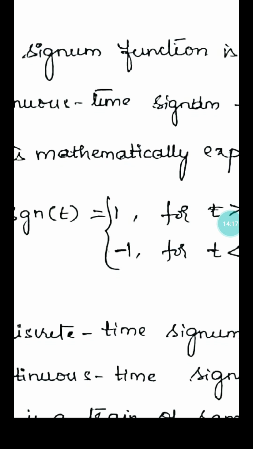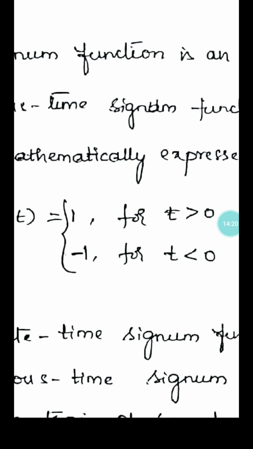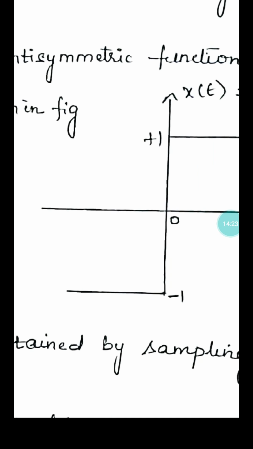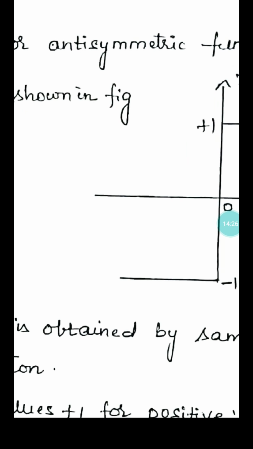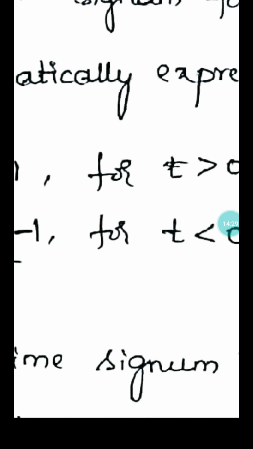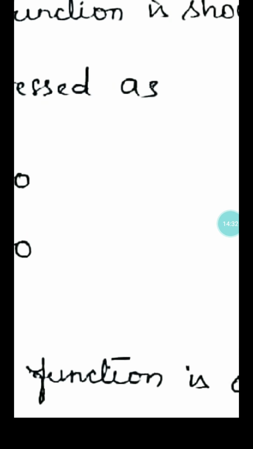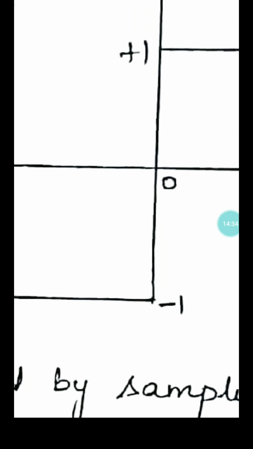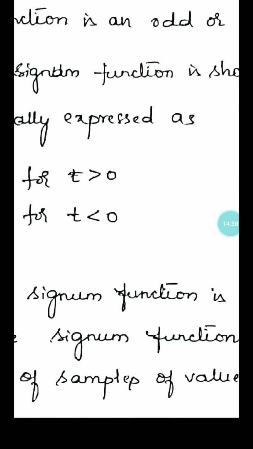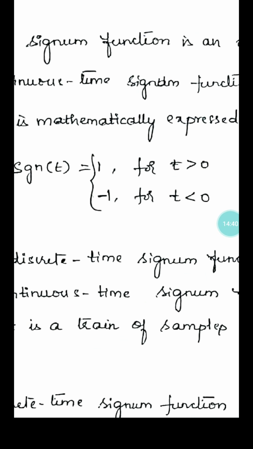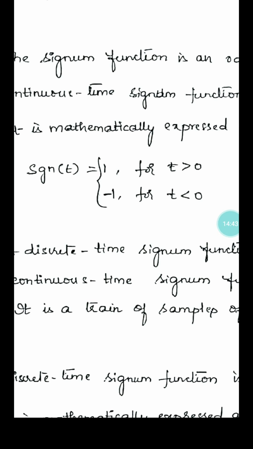Sign of t equals 1 for t greater than 0, and sign of t equals -1 for t less than 0. Once again, very important: this is the mathematical expression for the continuous time Signum Function.